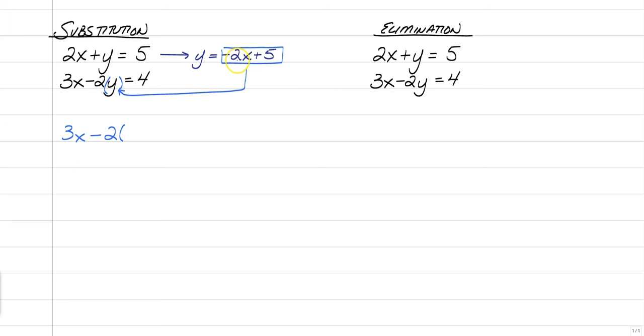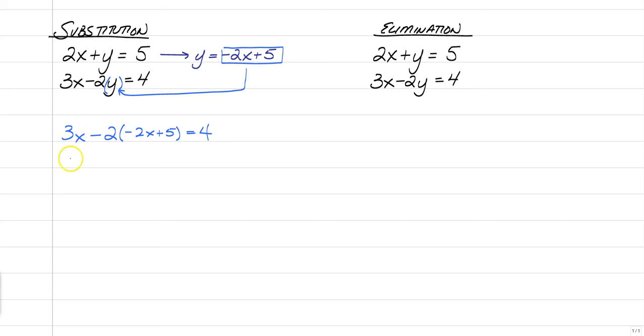So y is equal to a negative 2x plus 5. Here's your negative 2y, so here's your negative 2 times a negative 2x plus 5. So that just took the y placeholder. And we're still equal to 4. But now you can see your equation is one variable. So you can solve for x just like you have in the past.